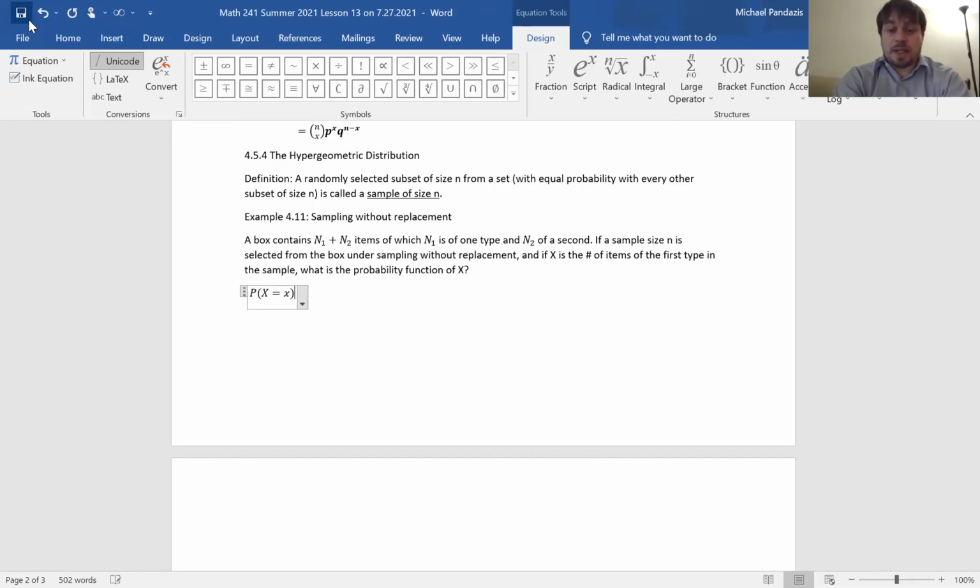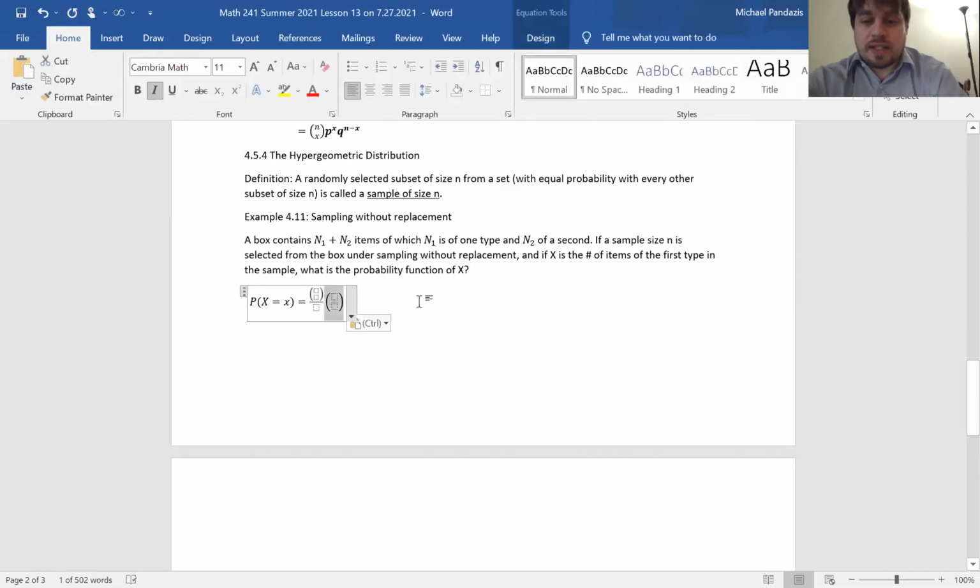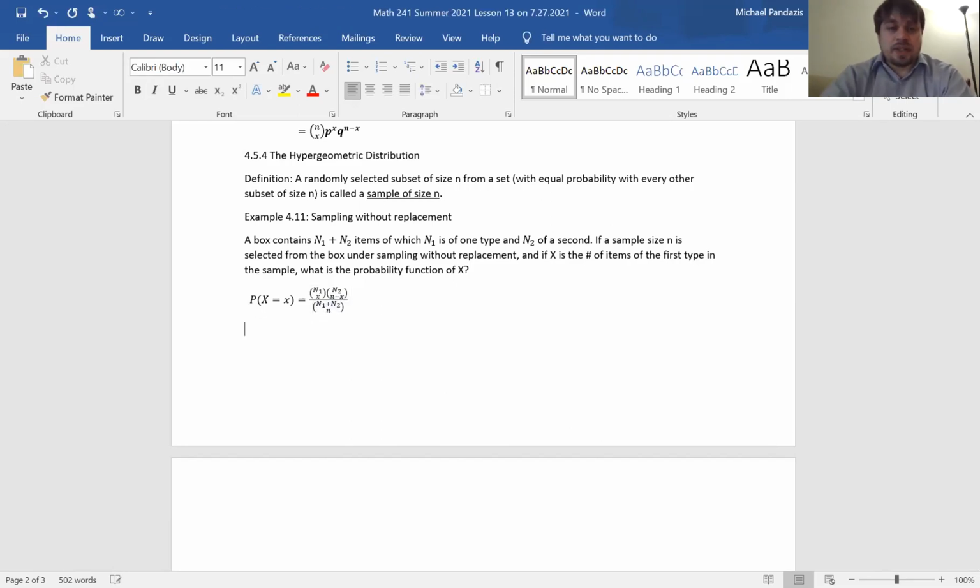The probability of capital X equals little x is equal to, in the numerator, N1 choose x, times N2 choose n minus x, and in the denominator, N1 plus N2 choose n.